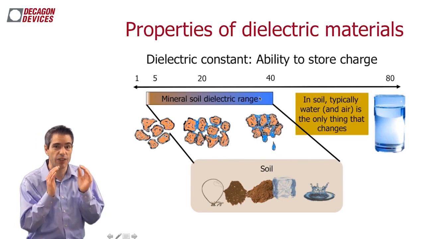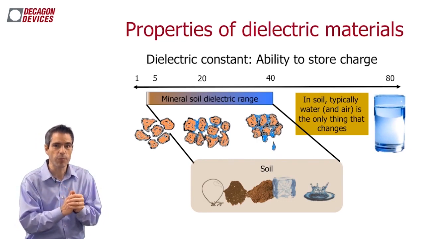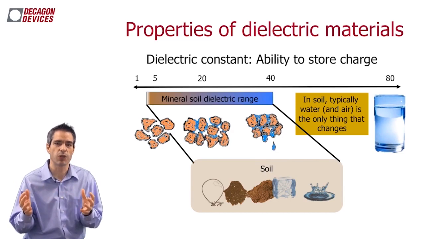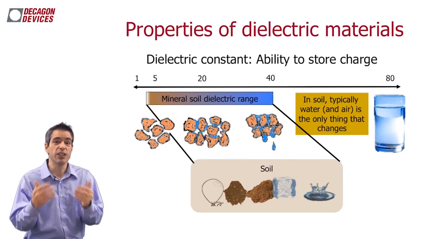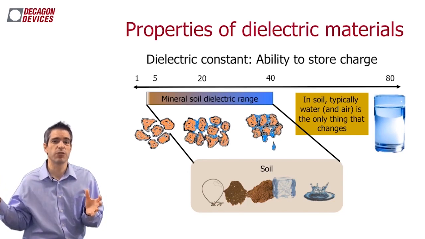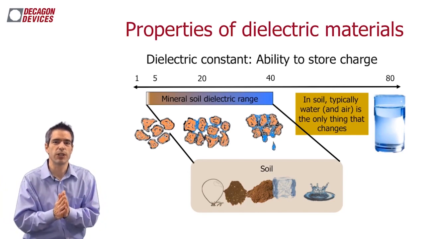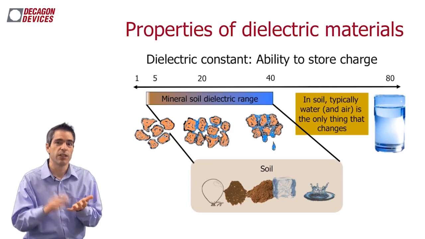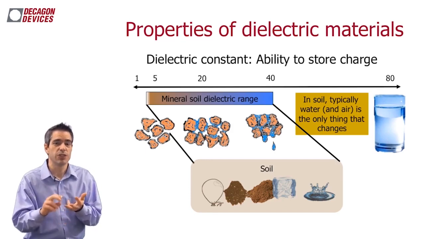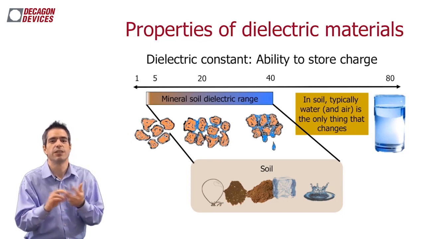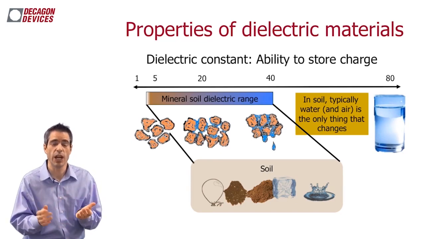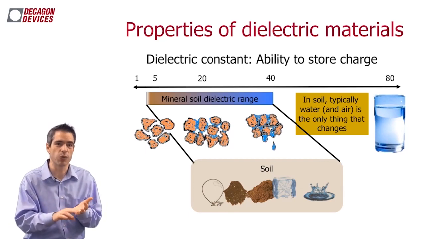Now this is not a fixed value, but let me just make a note here that will hopefully clarify this whole idea. Now in soil, if we have a soil out in a natural environment, we can pretty much count on the fact that the organic matter and the soil minerals are going to stay to a great degree relatively constant. But what's going to be changing is the air and the water fraction.